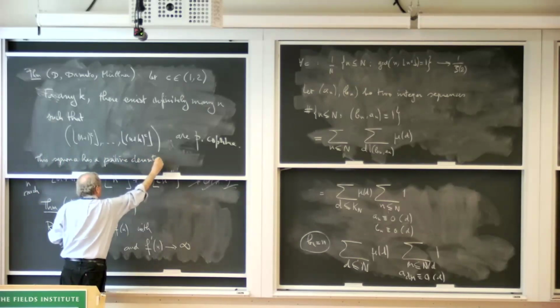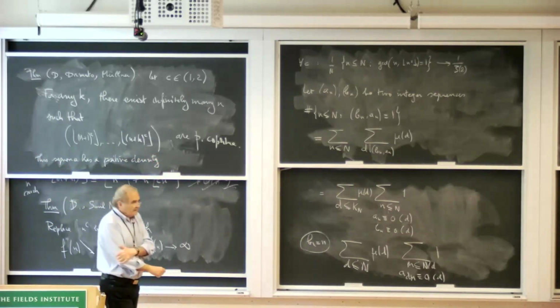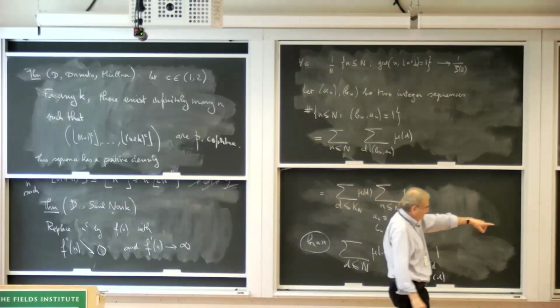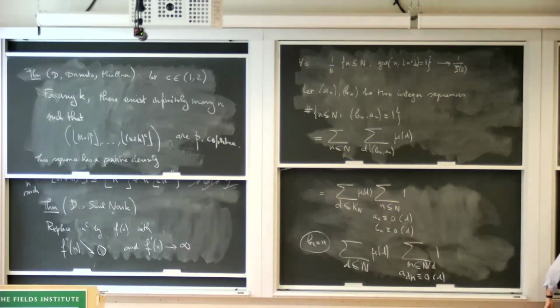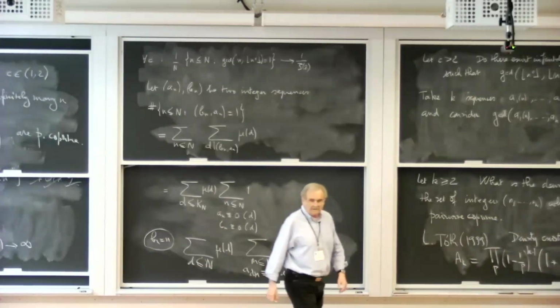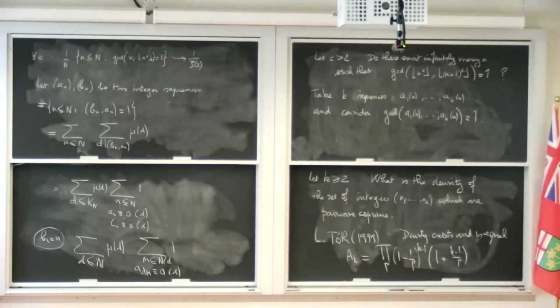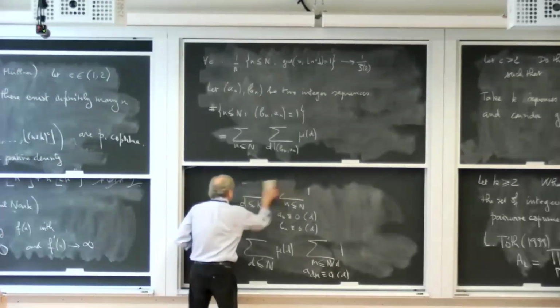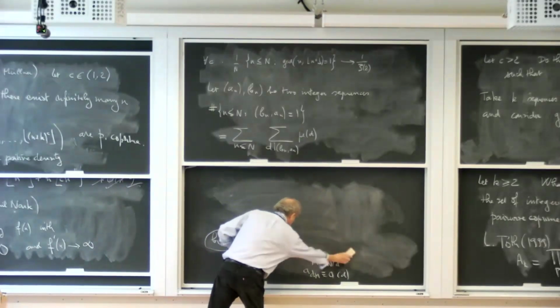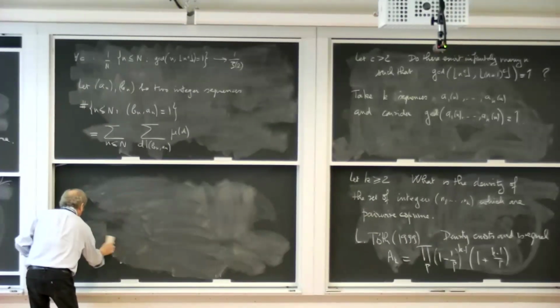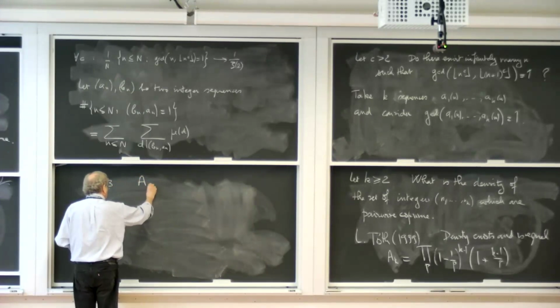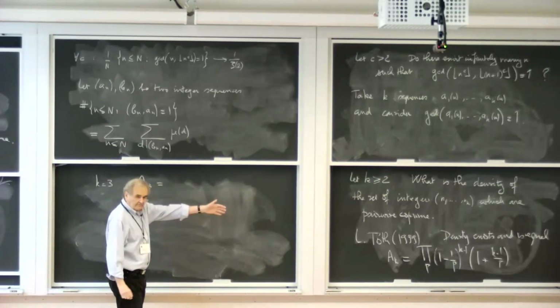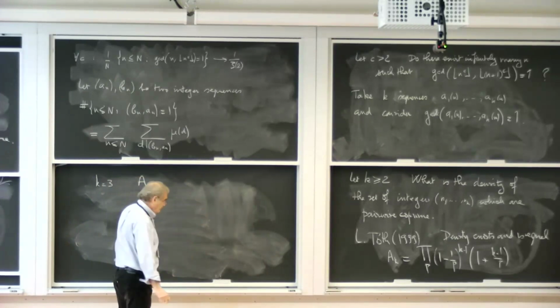I will say a few words about the density and I'll stop. For example, for k equal to 3, you have a certain product, let us call that A_k, the value of a tau. A3 is the product over p of 1 minus 1 over p squared, times 1 plus 2 over p.